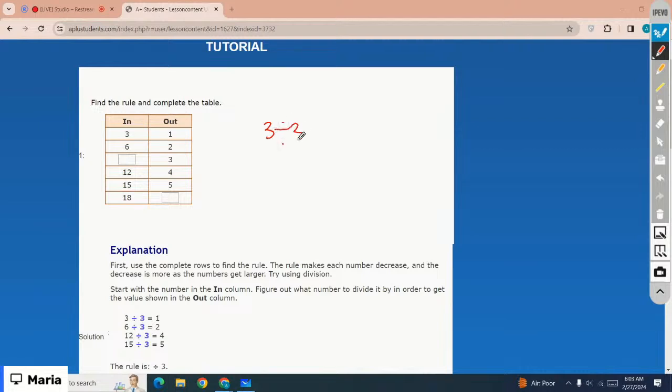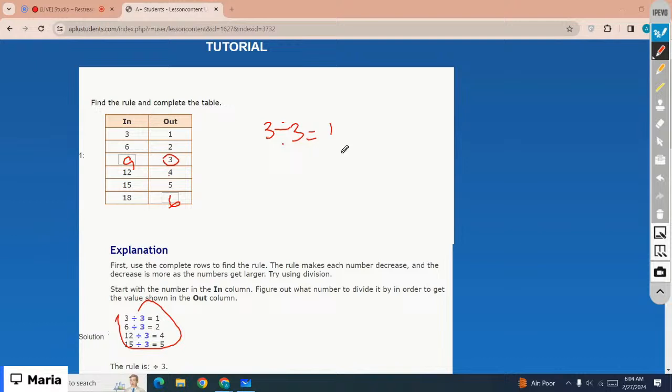Like 3 divided by 3 is 1, then 6 divided by 3 is 2. You have 3 times 3 is 9, then you have 12, 4, 15, 5, and 18 divided by 3 is 6. So the missing values are 9 and 6, right?